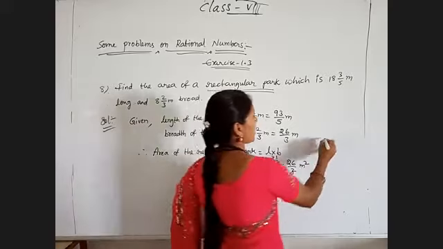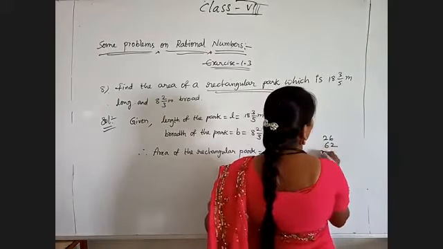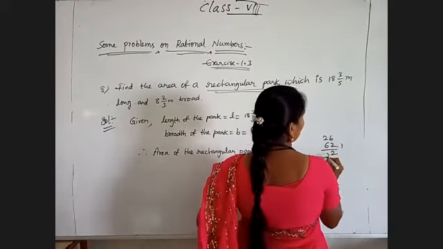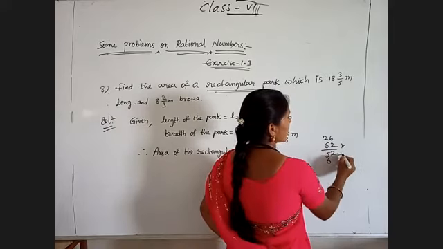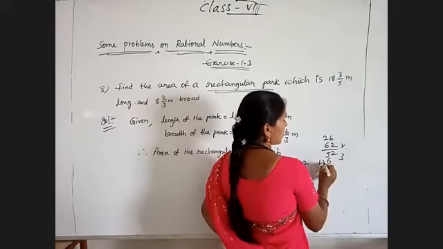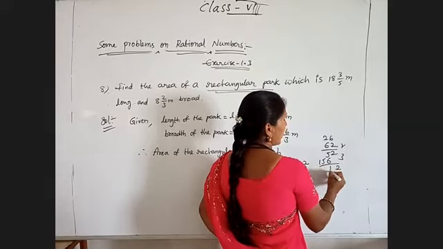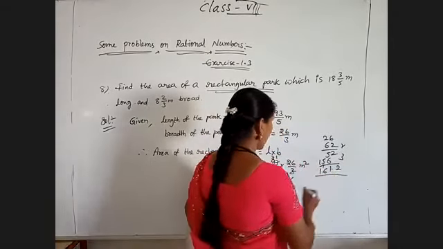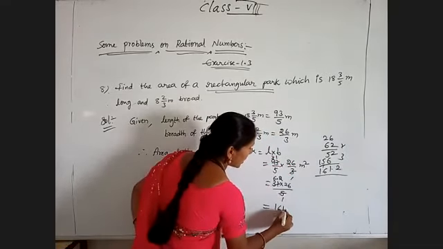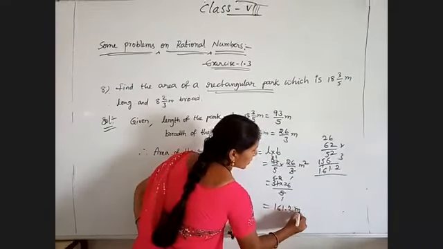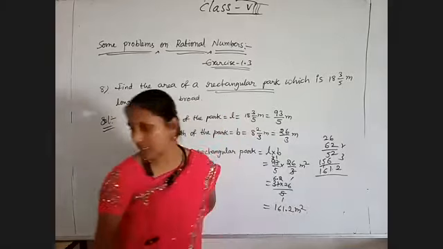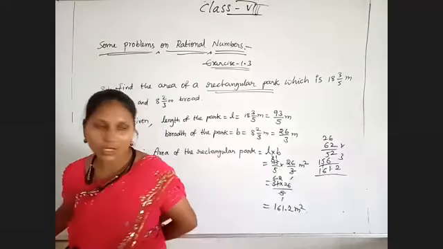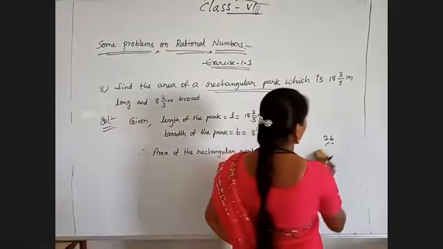That is nothing but 26 into 62. 2 6s are 12. 2 2s are 4 plus 1, 5. 6 6s are 36. 6 2s are 12 plus 3 is equal to 15. 1612, and before one digit we have the point. So 161.2 meters square. So the area of the rectangular park is equal to 161.2 meters square.